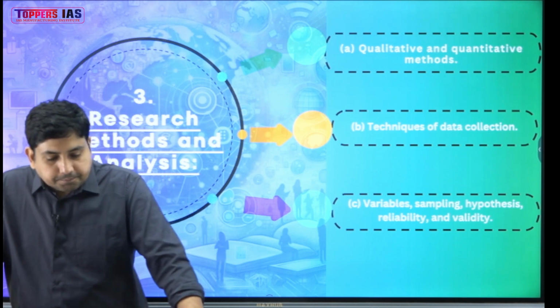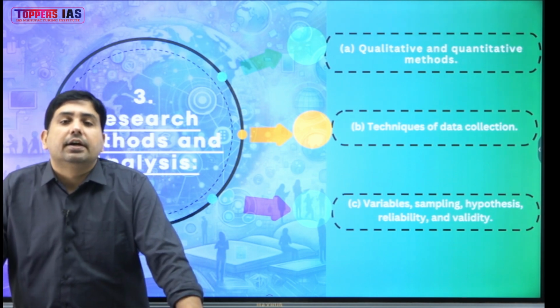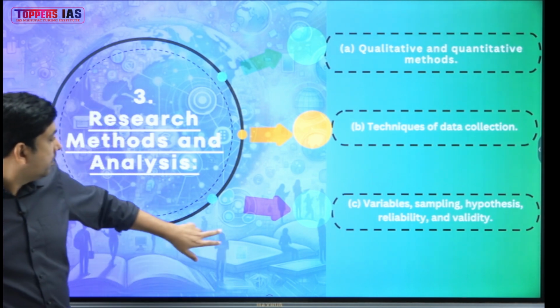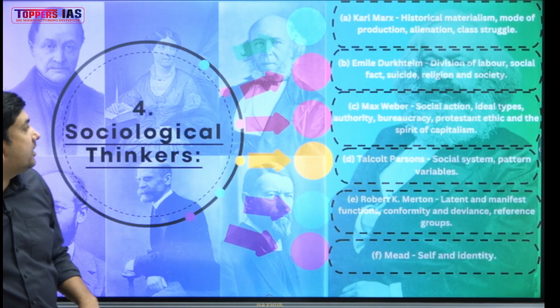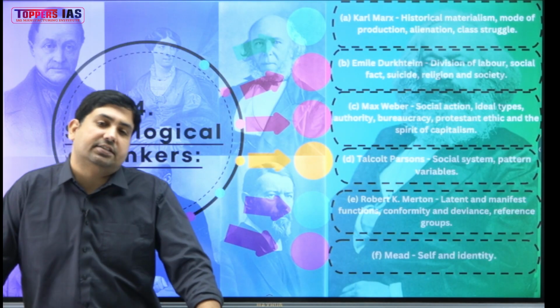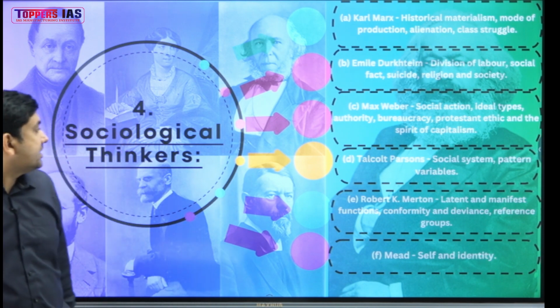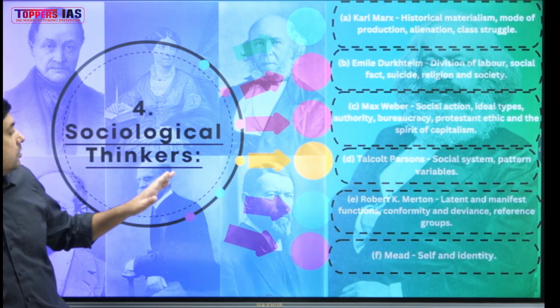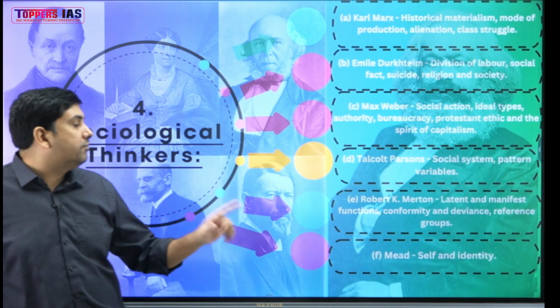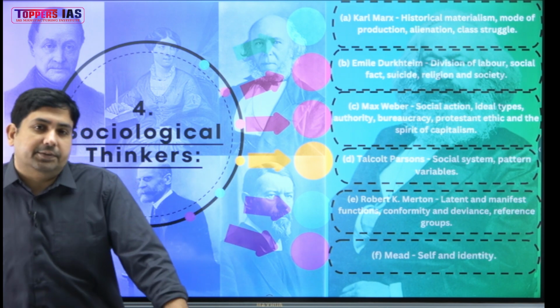Then come to the next unit, that is unit 4, sociological thinkers. And this is the most crucial unit of paper 1 sociology.